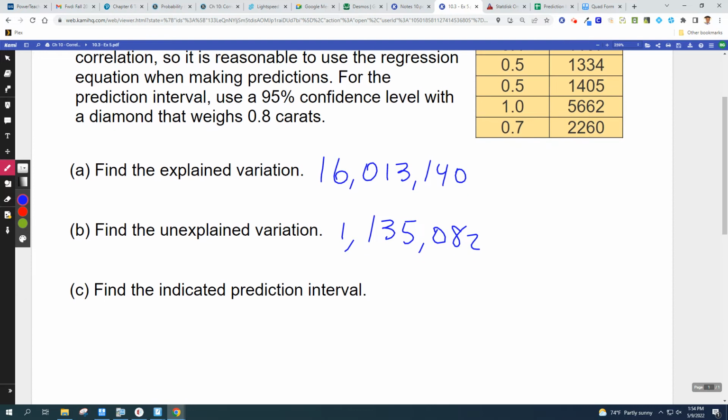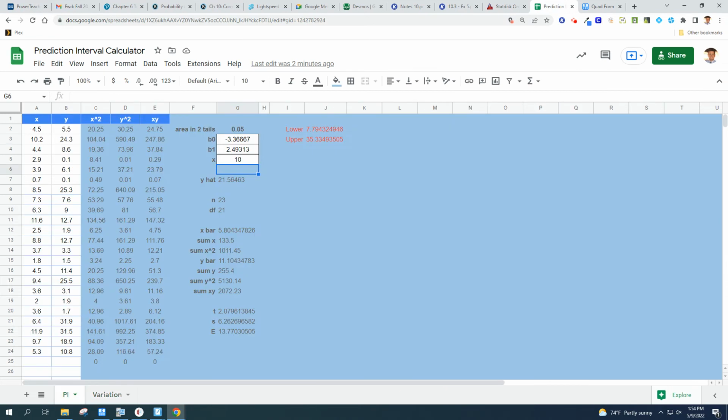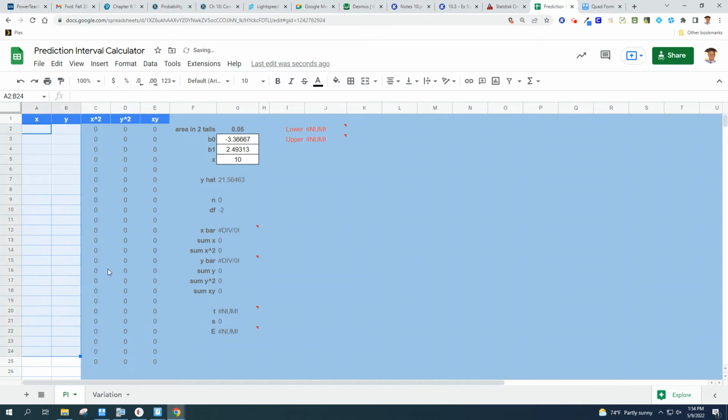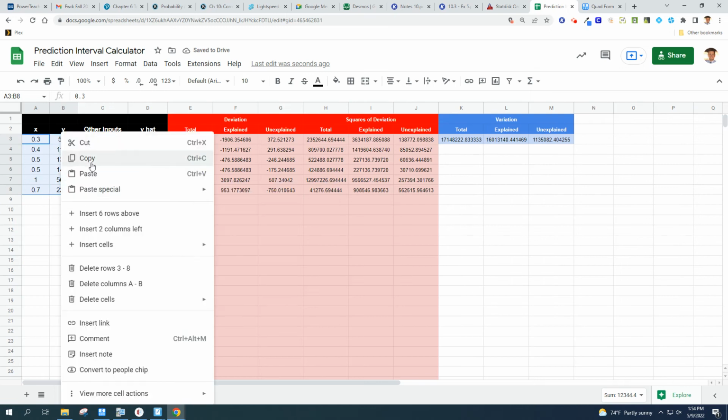Now part C is a little bit harder because it says find the prediction interval, and the prediction interval is back on that other spreadsheet. So if we want that prediction interval, we're going to go back and pick the other tab, this prediction interval. So I'm going to put the data back in. We can copy this data over.